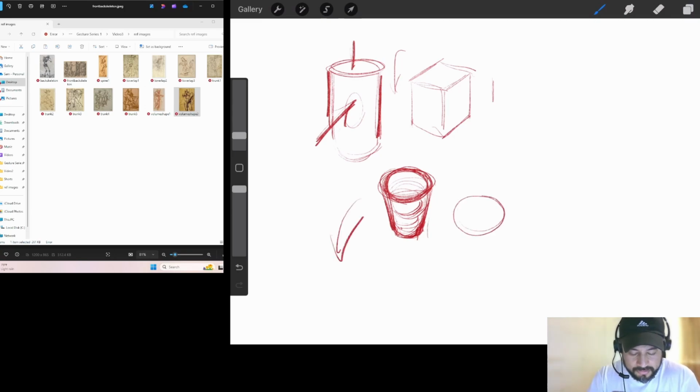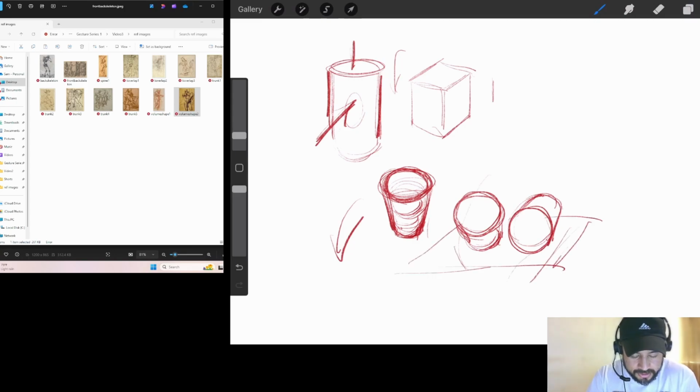And if we push that even further, you could probably get something like that. And then eventually maybe a tube that appears to be lying on the floor, if that was the bottom plane there.